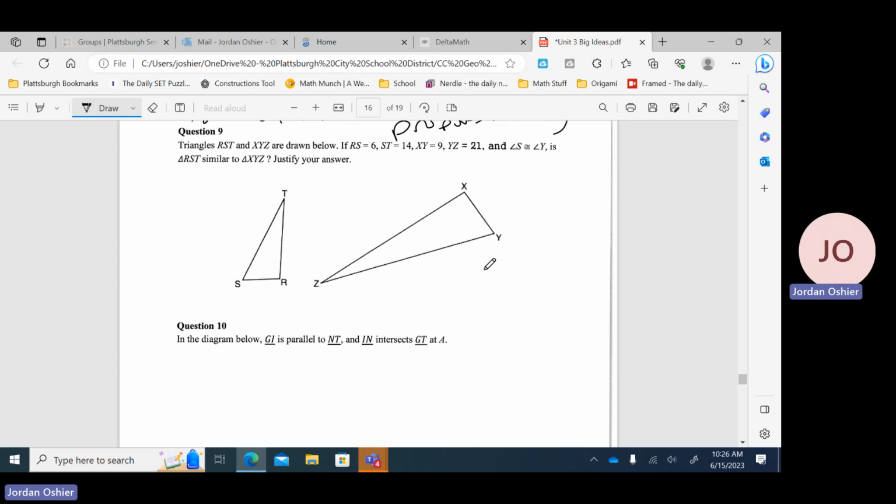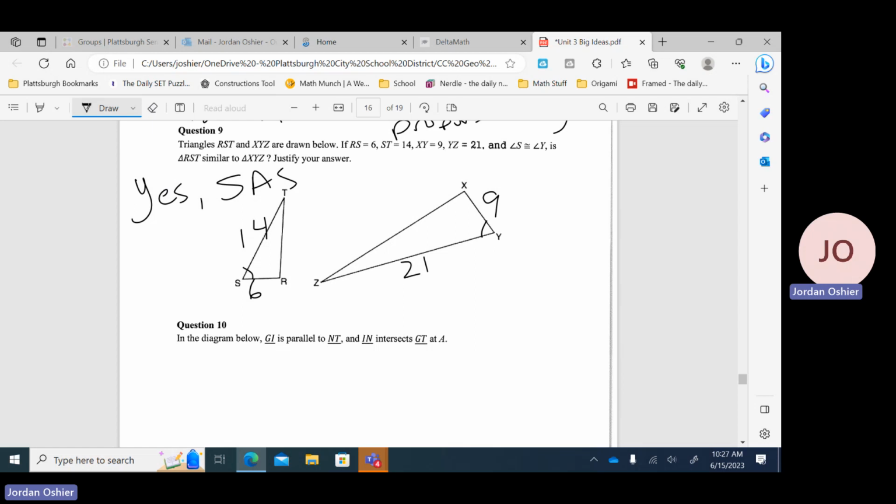Triangle RST and XYZ are drawn below. If RS is 6, ST is 14, XY is 9, YZ is 21, and angle S is congruent to angle Y, is it similar? Justify your answer. So I'm going to go ahead and say yes, preemptively, SAS, because that's where my brain is going.